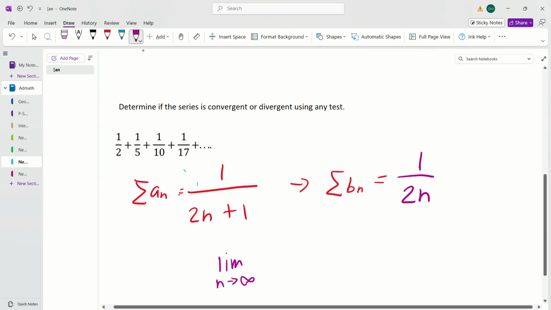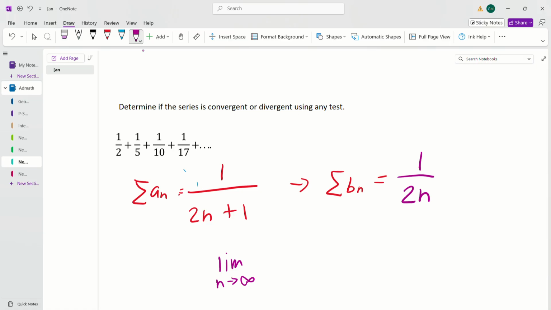With just a simple limit, we can identify whether this series diverges or not. We have 1 over 2n.